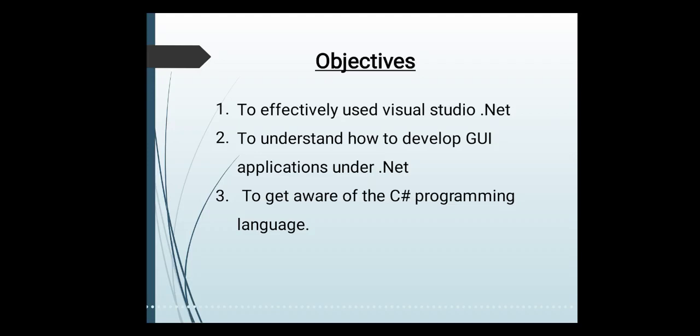Then the second objective of this subject is to understand how to develop GUI applications under .NET, as I said earlier, how to develop different GUI projects using .NET. Once you have learned this subject, you are ready to develop different software projects using .NET. And then the next objective is to become aware of the C# programming language. These are the objectives of learning this subject.